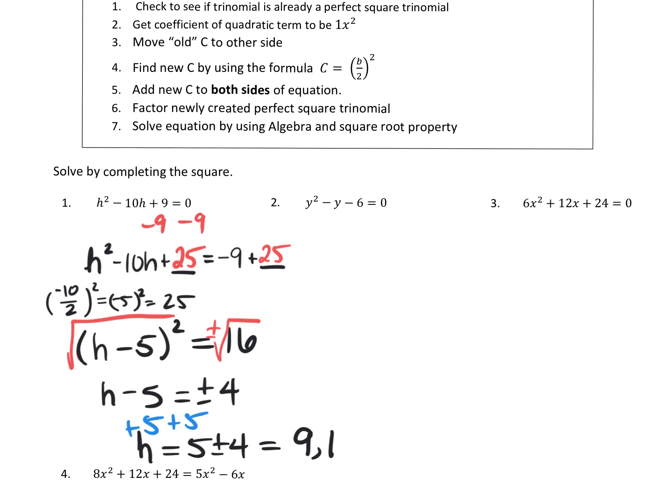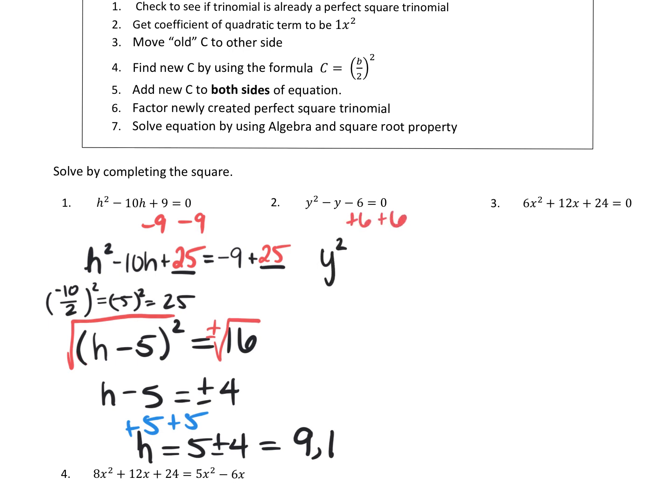All right, let's look at number 2 here. Does it look like a perfect square? No, right? 6 is not even a perfect square, so that's not going to work, right? Does the coefficient on the y squared equal 1? Yes. Okay, so what's my next step? What am I going to move to the other side? The 6. So we're going to add 6.